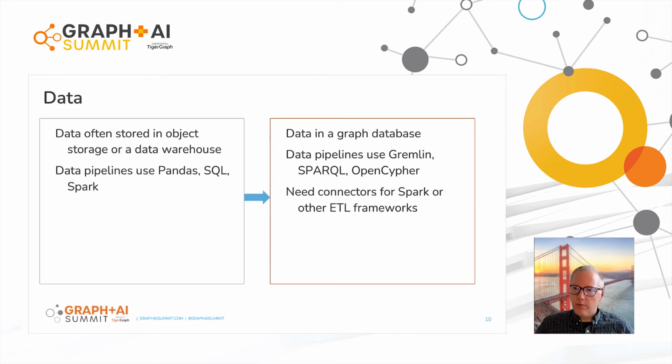So we have to use popular tools like SPARQL, Gremlin, OpenCypher. And if we're trying to plug the data from our graph database into a data pipeline in our MLOps framework, then the tools we use in that pipeline, like Spark, have to have connectors that know how to interact with the graph database.